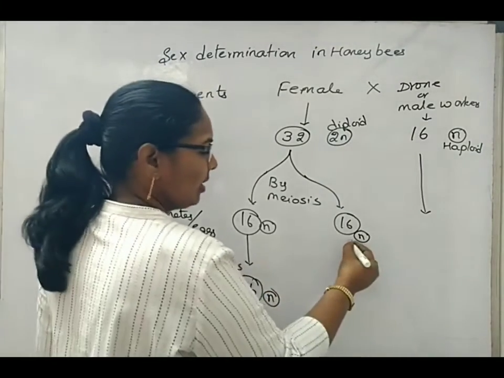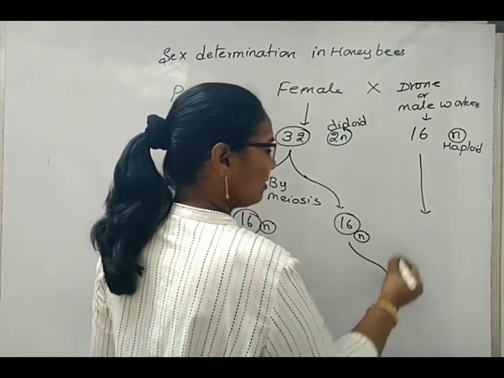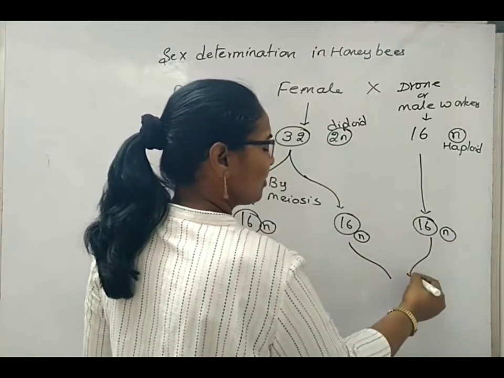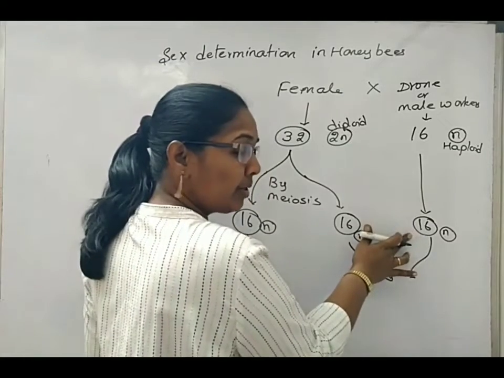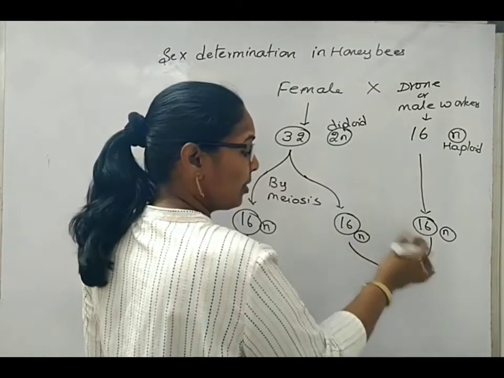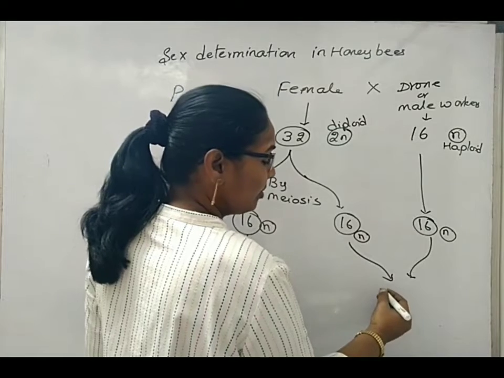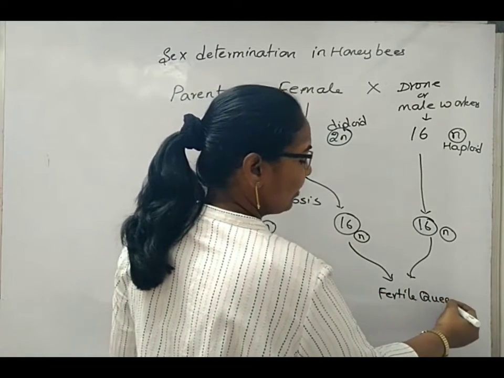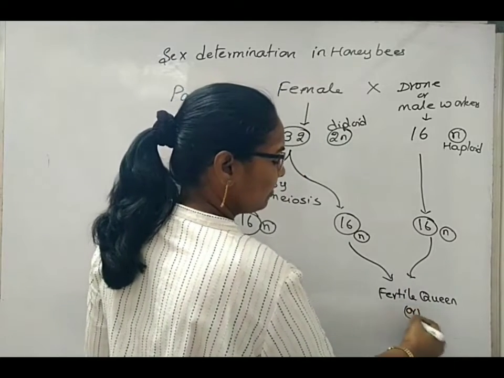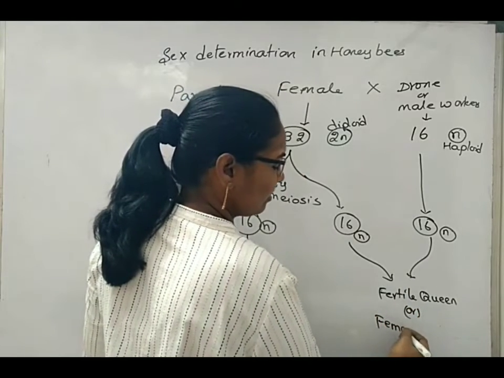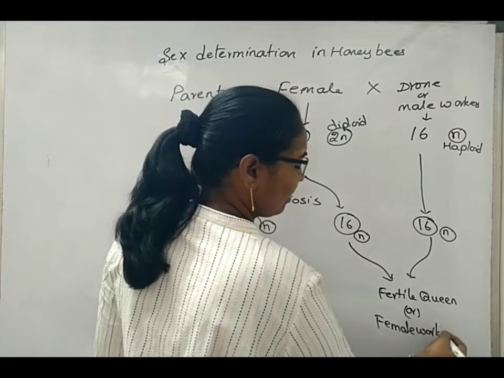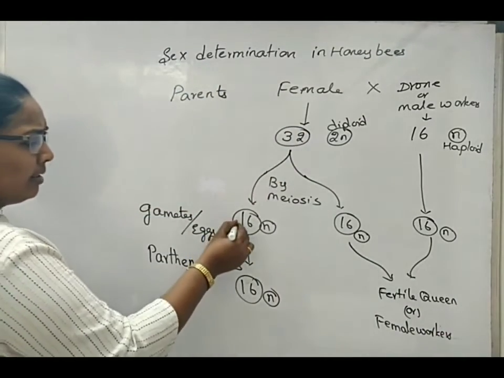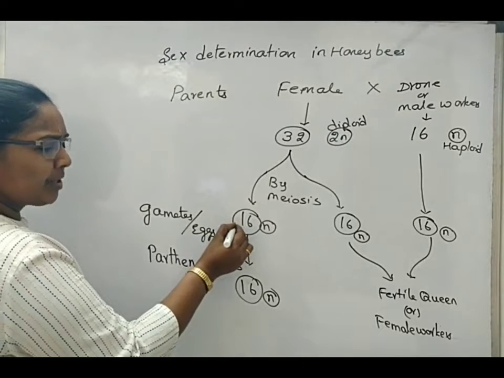Now, some other types of gametes will be fused with these sperms containing 16 chromosomes. Then they will be converted into a fertile queen if fed with royal jelly, or female workers.